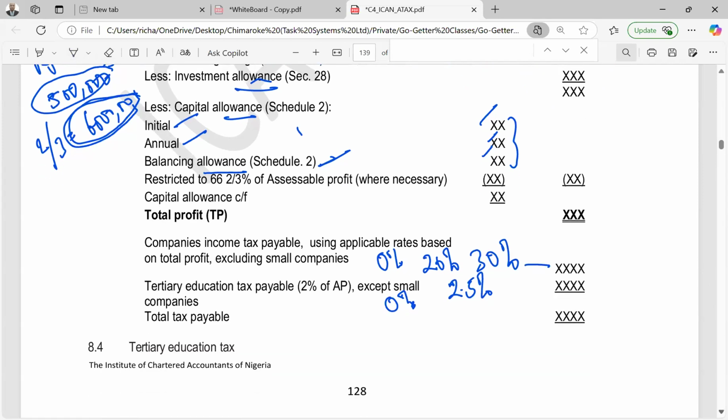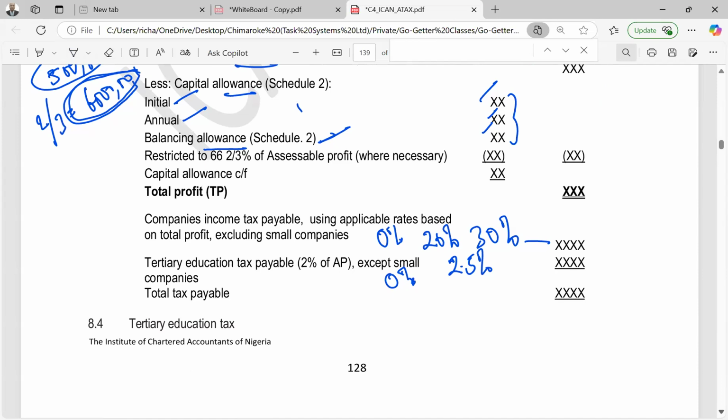So when you pay your tax, that's it. That means that's the tax you are going to put in your financial reporting. So you see in a financial statement, sometimes you see profit before tax, then you see taxation. It is this tax payable that is being put in there.